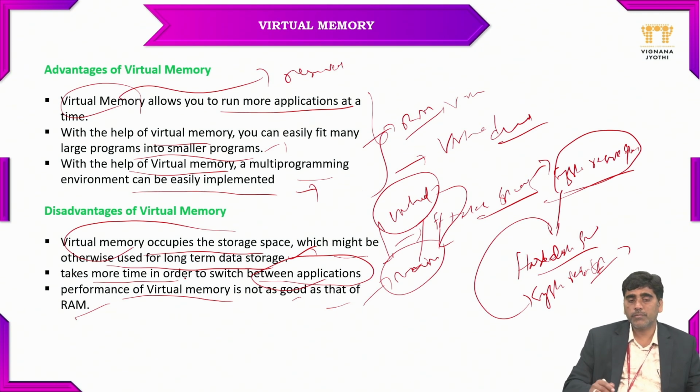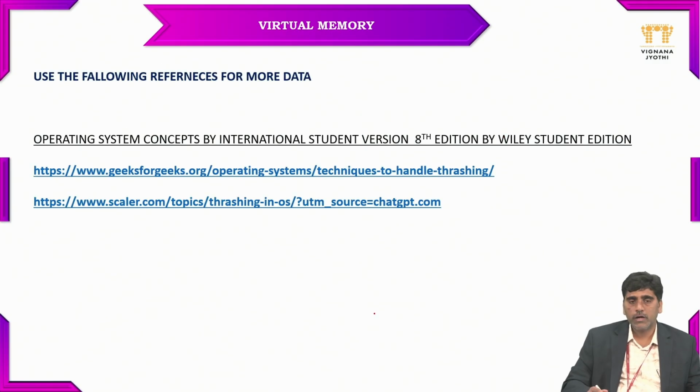Because of that, it takes more time, and storage-wise it takes more space compared with the main memory. So these are the virtual memory concepts. If you want more data about virtual memory concepts, you can use the following textbook and the following two links.